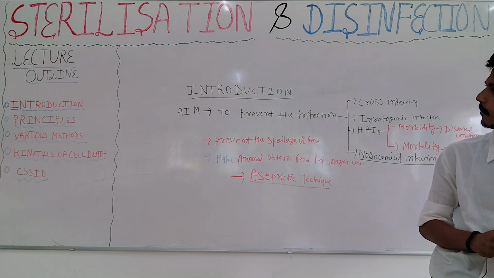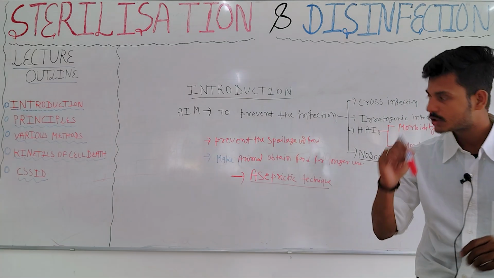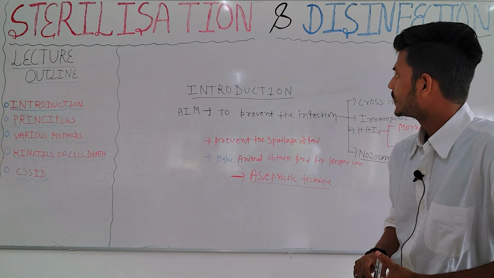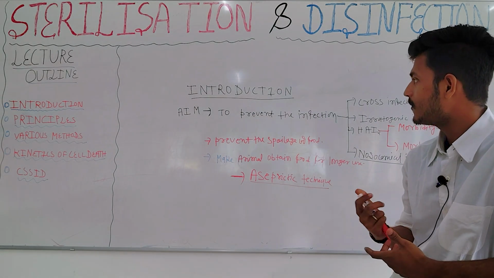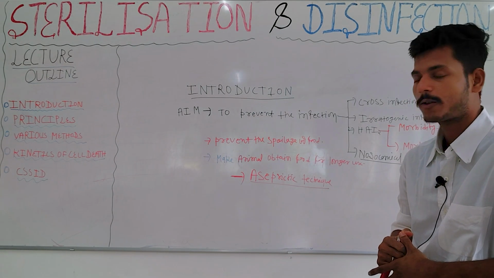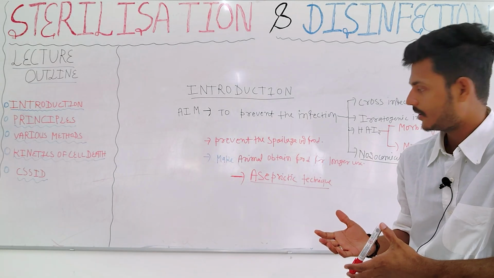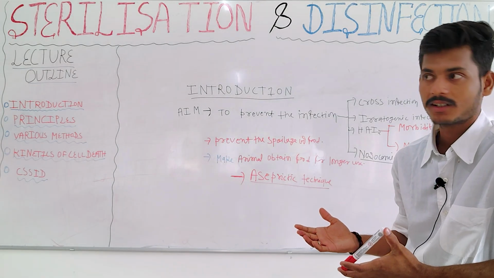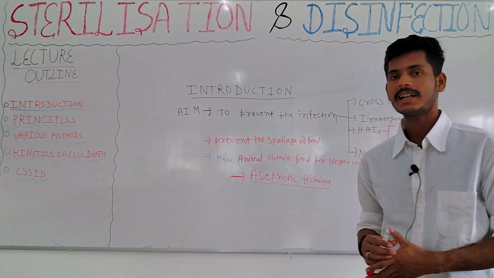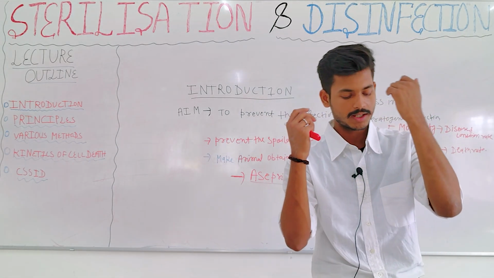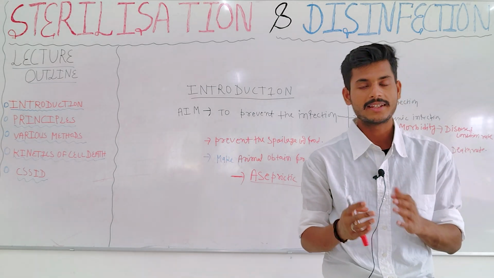Fine. Now, once we understood the goal behind controlling the microorganisms, why we are controlling them, and what techniques we have to maintain, we have to maintain the aseptic technique. And aseptic technique can be achieved by various means.